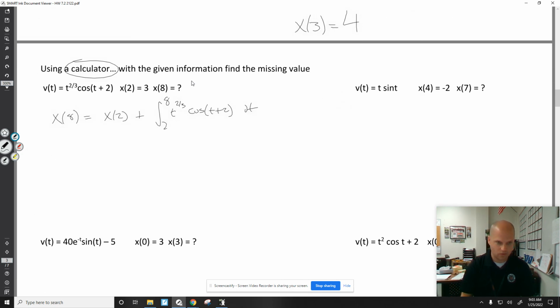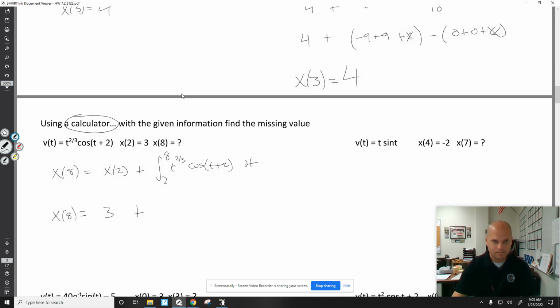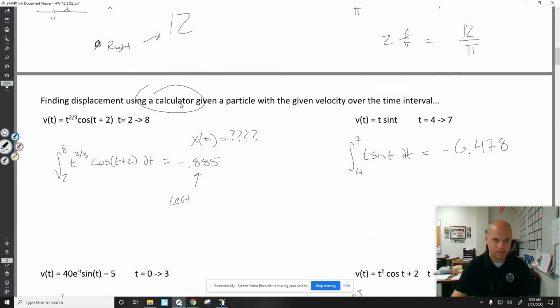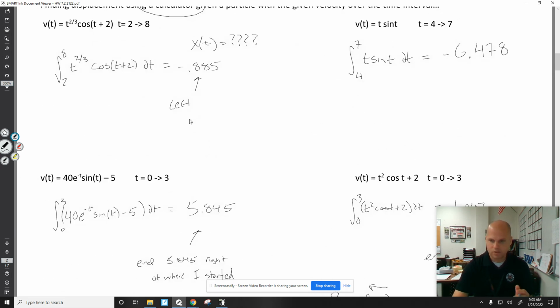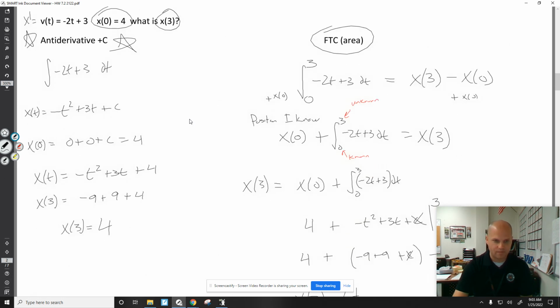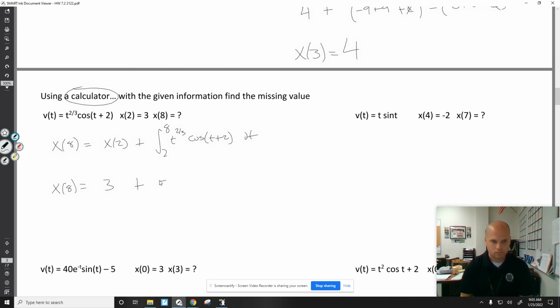I actually wish I did them on the home screen. And then I can visualize this on my number line. I started at a position of 3. I then displaced. I moved right and left a bunch, but in the end, I've displaced. My overall change in position is negative 0.885. Now I know where I ended up.